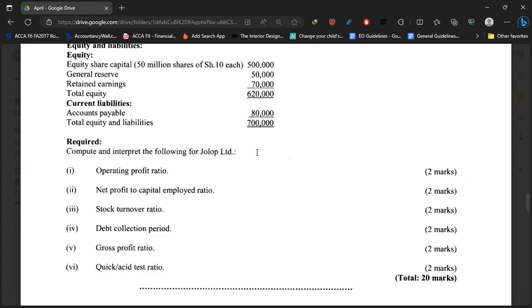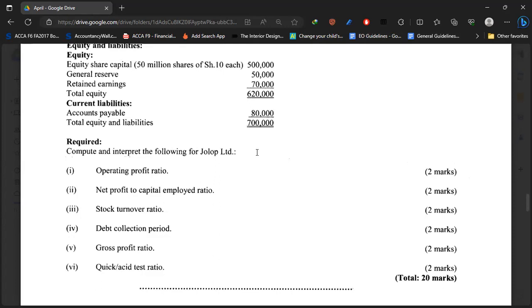The formula we use is: we take the operating profits, divide by sales, and multiply by 100%.